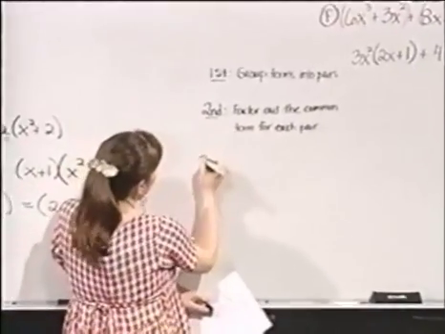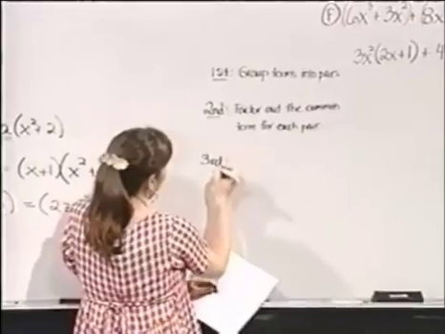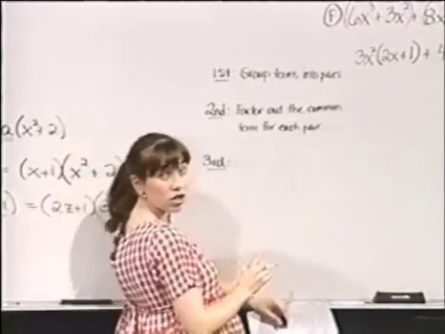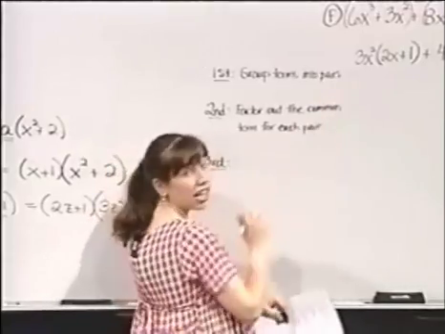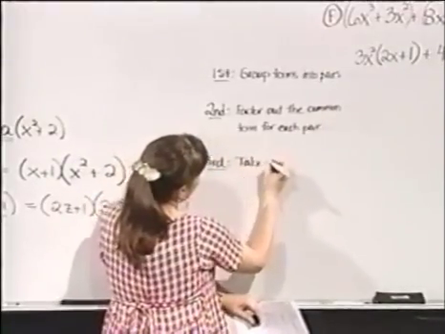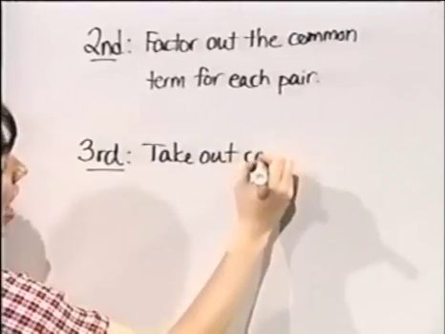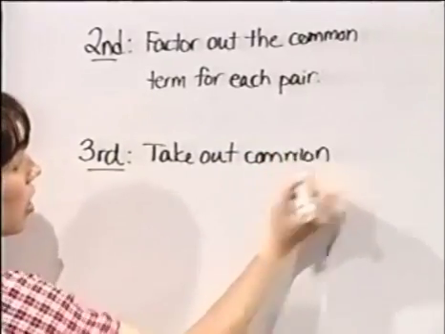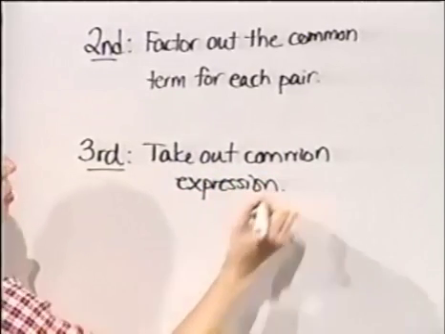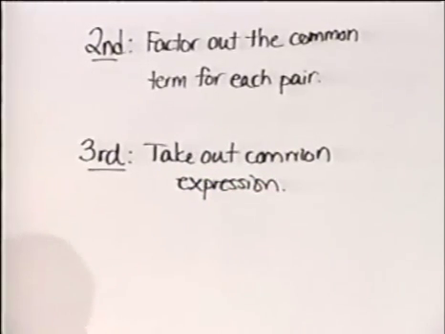And now, the third step, okay, the third thing you want to do is use the distributive property to take out the common expression. So now factor out the common expression. You'll have a common expression when you're done.